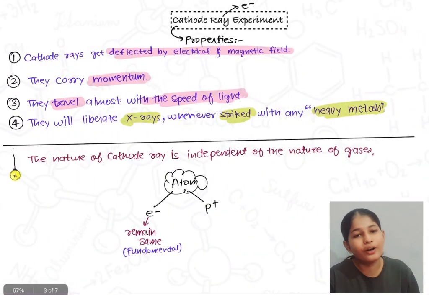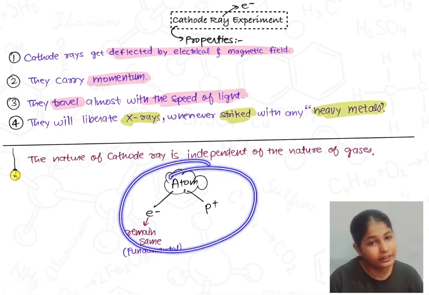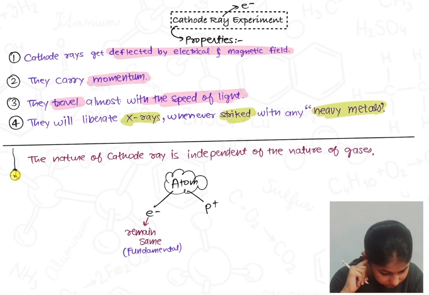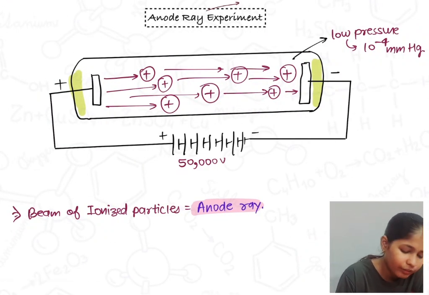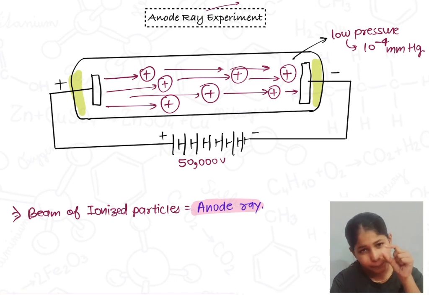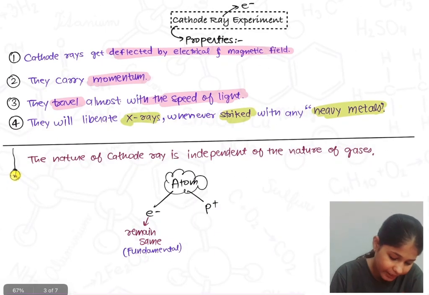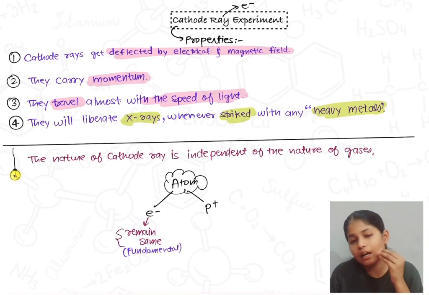Now coming to our conclusion, as I have already told you that we are going to talk about the conclusion. One more thing, after some time it was said that the individual particles of this anode ray are known as protons, positively charged particles. If I talk about the electron, they remain the same in every atom.